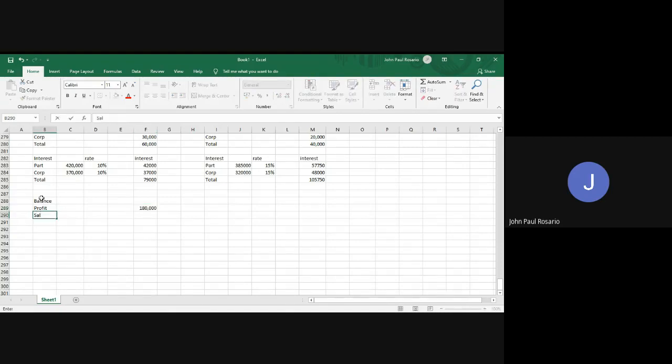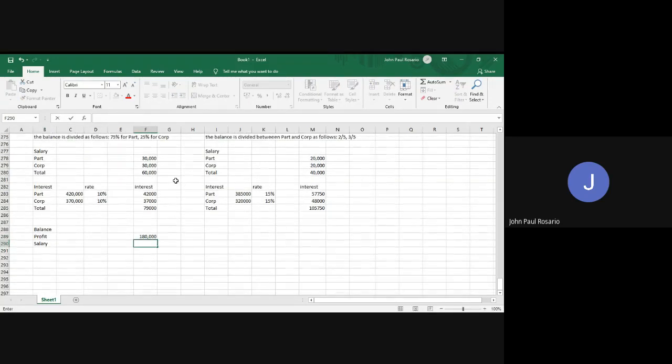Total salary is equal to 60,000. Our total interest is 79,000. So our balance is 180 minus 60, minus 79. Okay, so our remainder is 41,000.